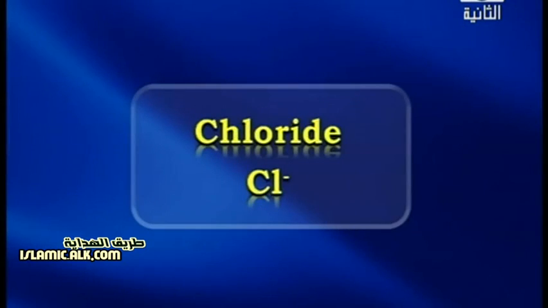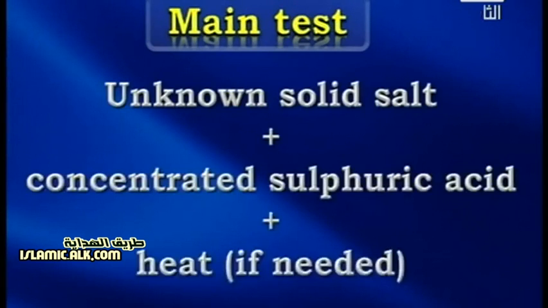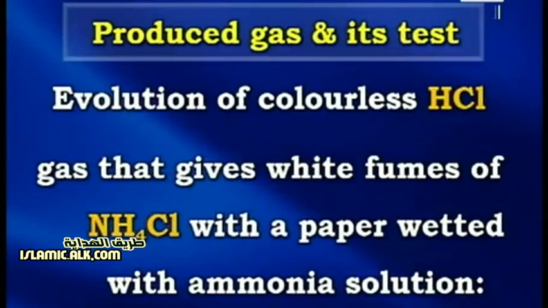Now we are going to make the detection of the first anion, which is chloride ion. The main test for it: the unknown solid salt plus concentrated sulfuric acid plus heat if needed. The produced gas and its test is the evolution of colorless hydrogen chloride gas that gives white fumes of ammonium chloride with a paper wet with ammonia solution, as the following animation shows.